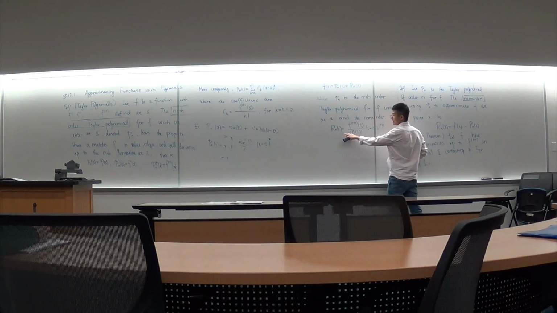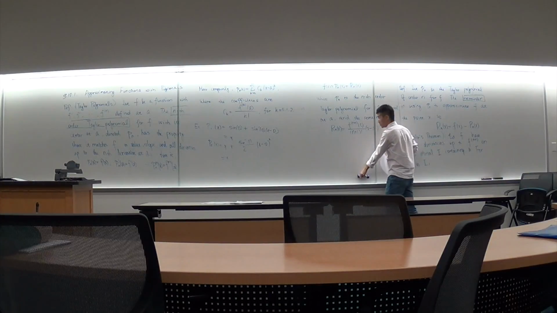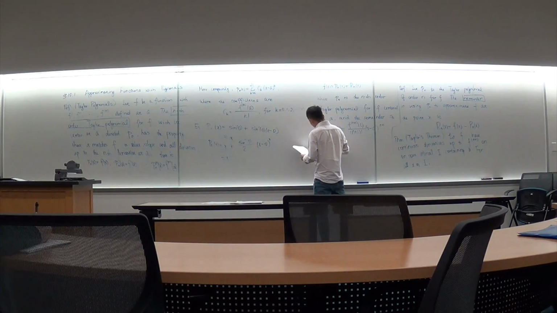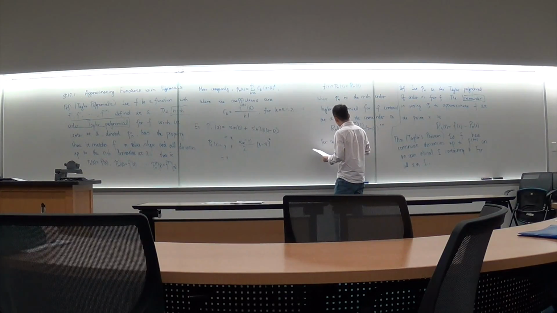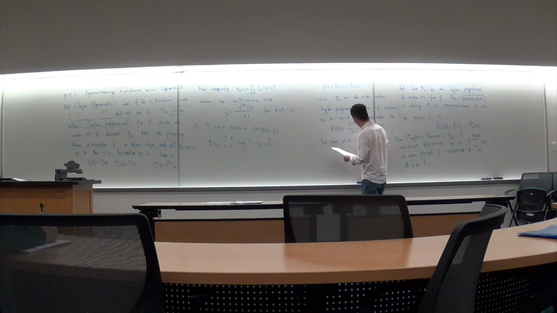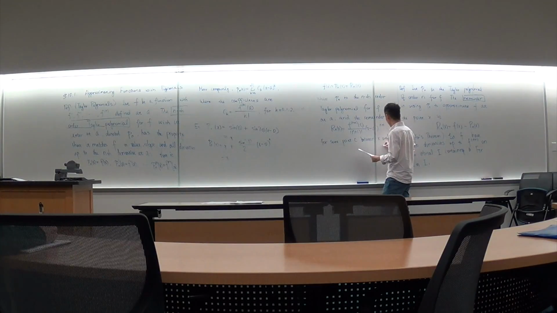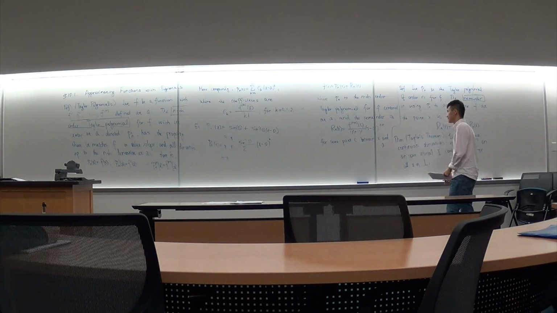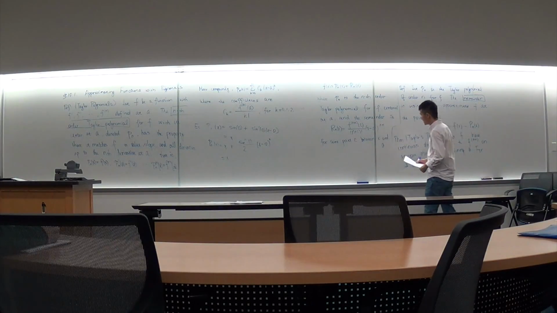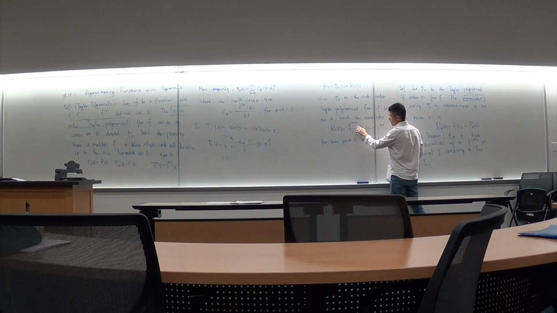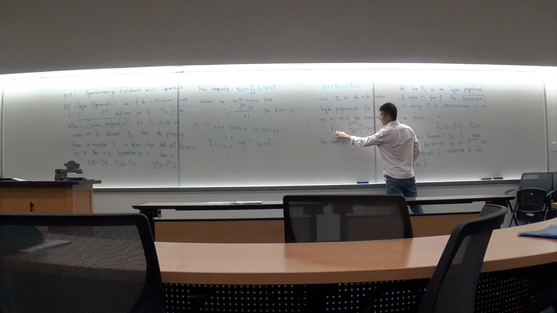So you see the remainder is a function, and this function is given by this formula, for some point c between x and a. Right, c is a number between x and a. So this is r sub n.